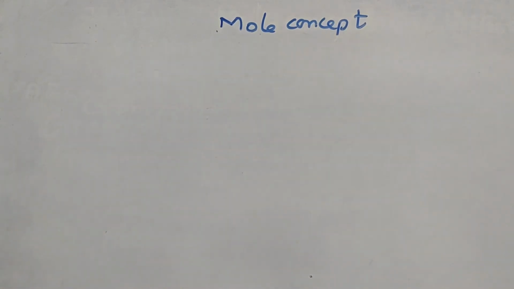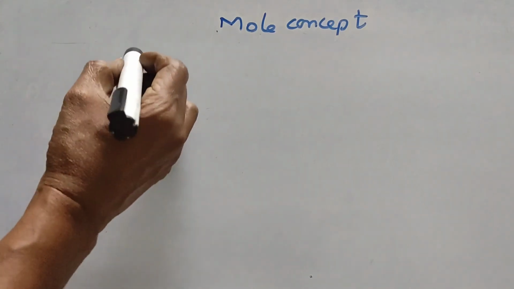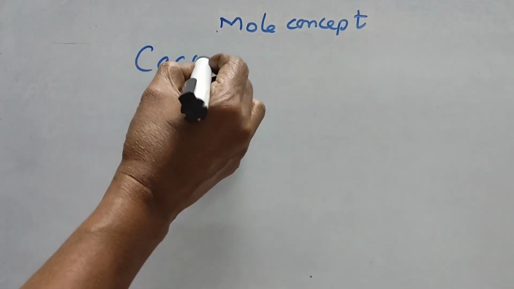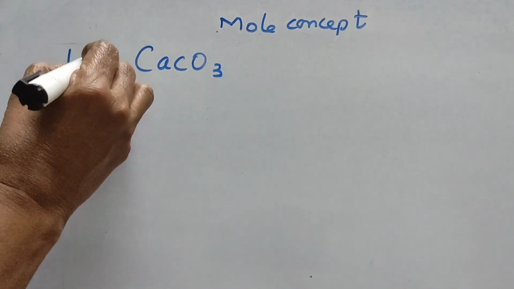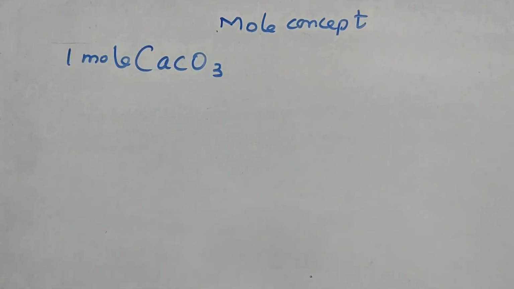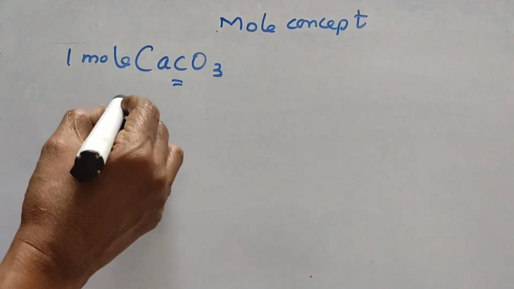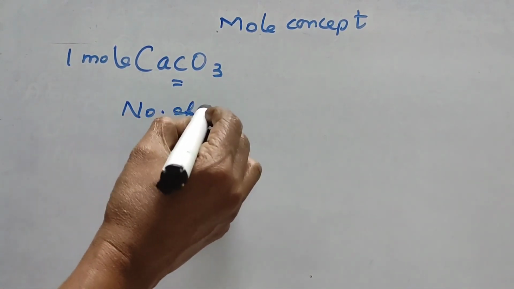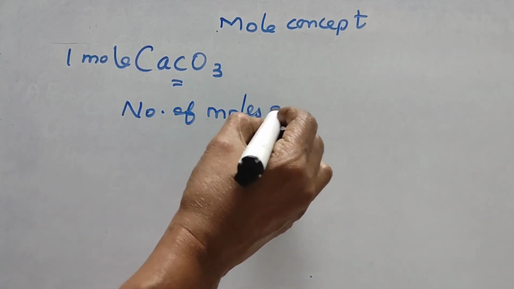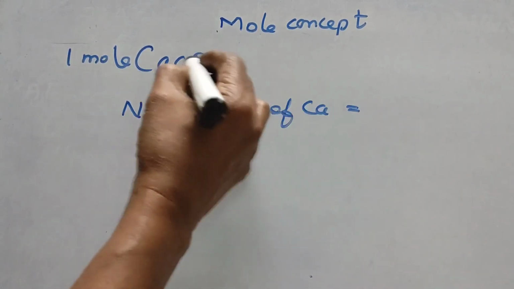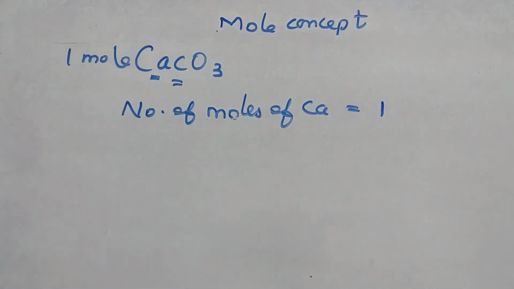One more thing we should be clear about in the mole concept. 1 mole of any substance will have different moles of the elements present in it. For example, take 1 mole of CaCO3, calcium carbonate. In 1 mole of CaCO3, the number of moles of Ca is 1, only 1 mole of Ca.